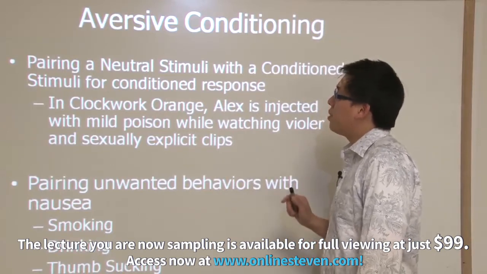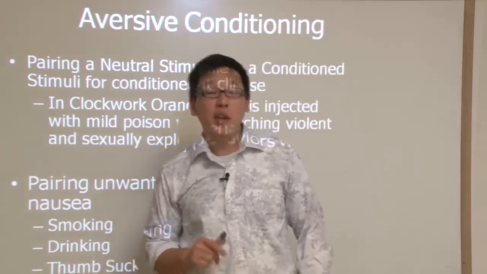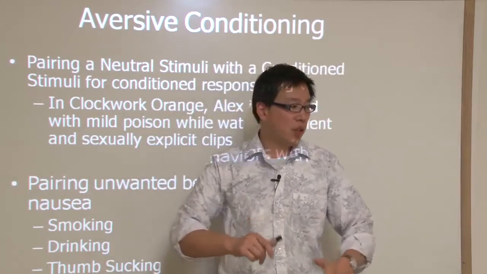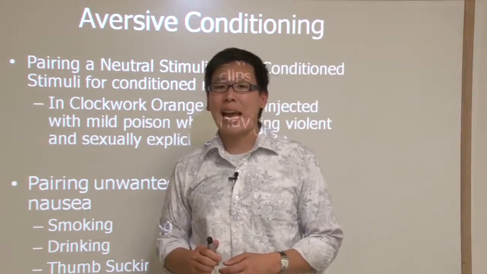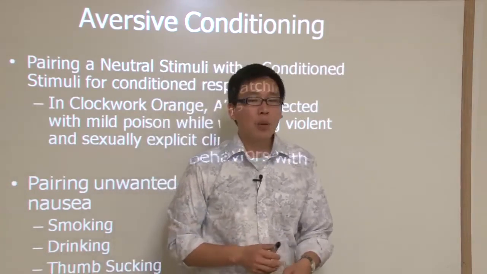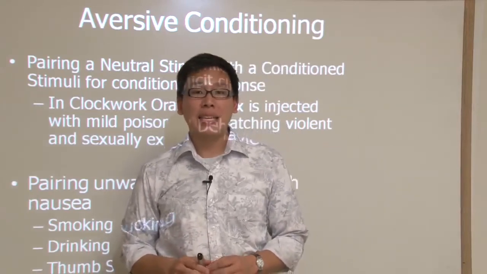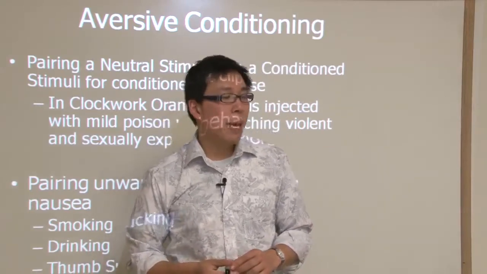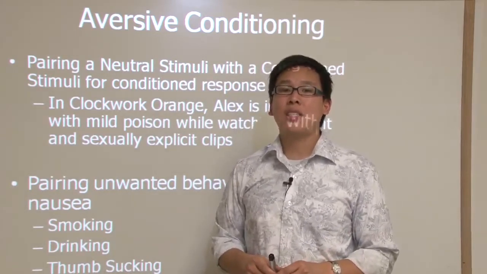An example I put up here is from the movie A Clockwork Orange. For those who haven't seen it, this is a movie by Stanley Kubrick that takes place in the future, where people develop really aggressive, violent tendencies and habits. And so one thing they want to do is deprogram people from being violent. What they do is pair violent imagery with an unnatural, nauseating feeling.